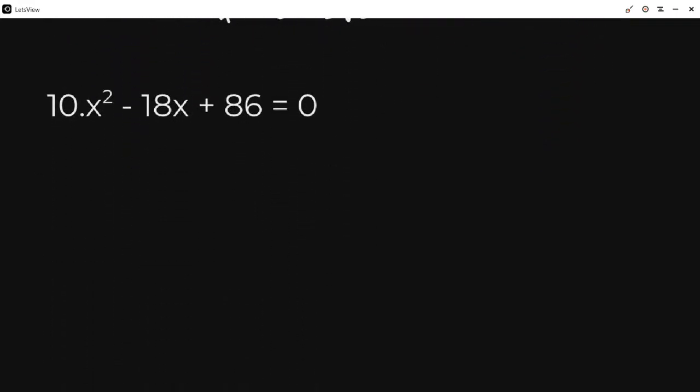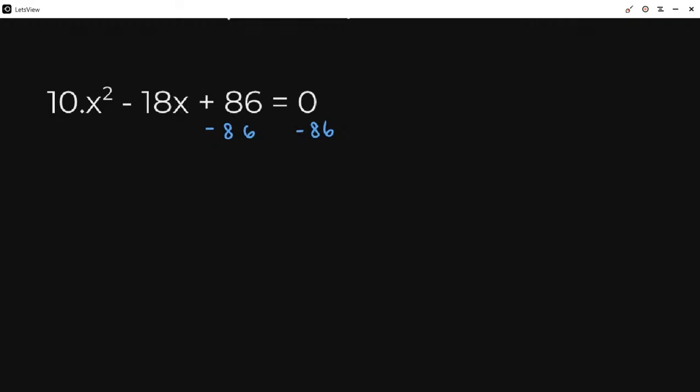Okay, number 10, we have x squared minus 18x minus 86. So I'm first going to add the 86. So I get x squared minus 18x plus something will equal 86 plus something. So to find that number, that would be negative 18 over 2 squared.